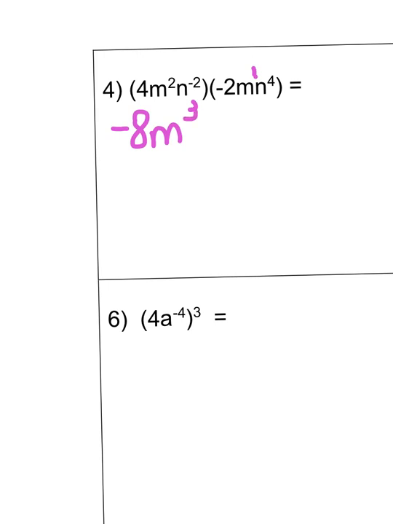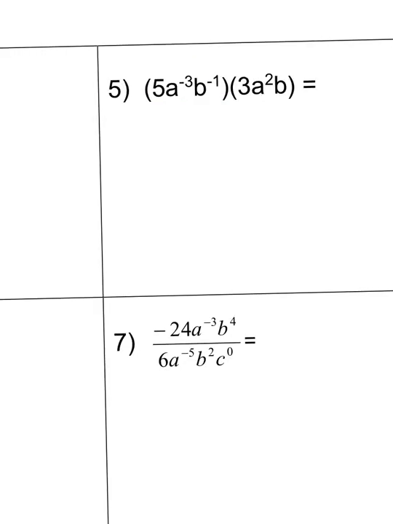And we have an n to the -2nd power and n to the 4th. We'll add the exponents. So we end up with n to the 2nd power. What we're looking for at the end is making sure that we have no negative exponents in our answer. And since we don't, this is a good solution.